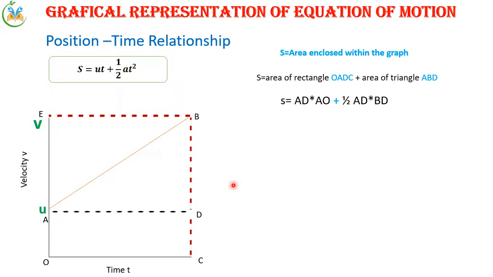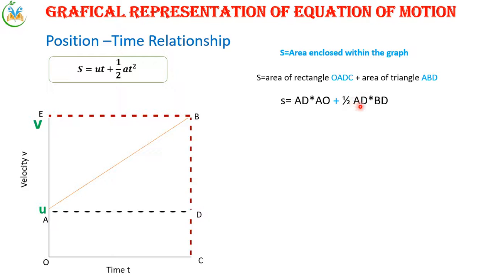Now what is AD? AD is equal to OC, which is equal to time. So instead of AD we put t. And what is AO? AO is the initial velocity u.